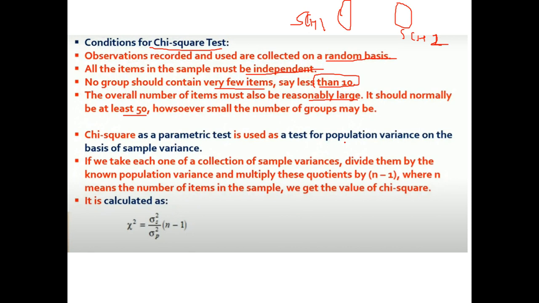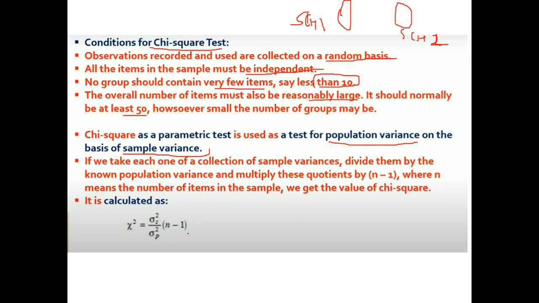This is when we have the population variance given and we have a sample variance calculated, then we use the formula sigma square of population versus sample, multiplied by n minus 1.